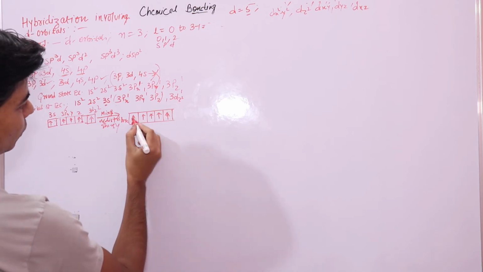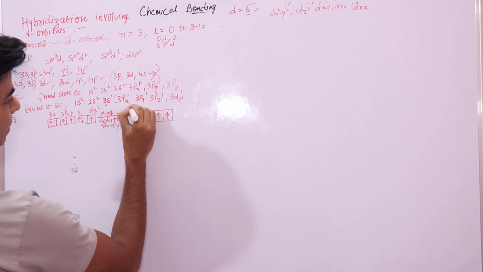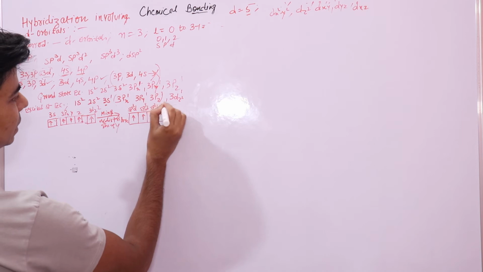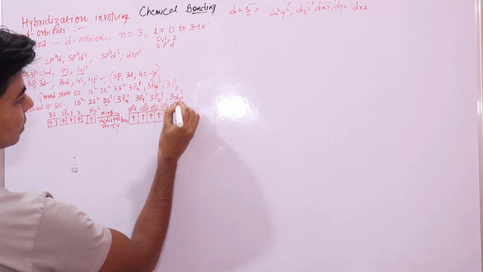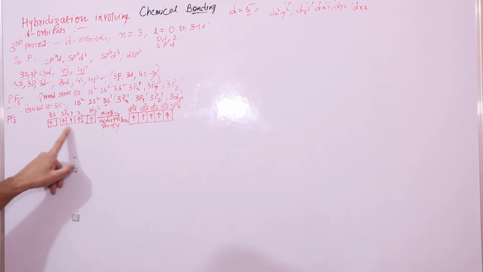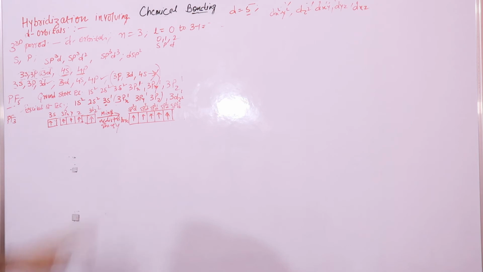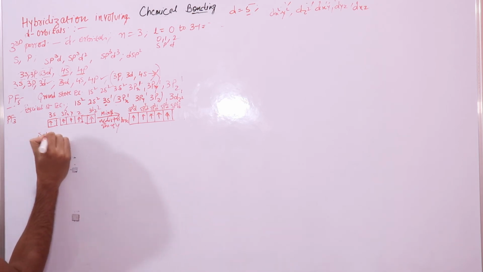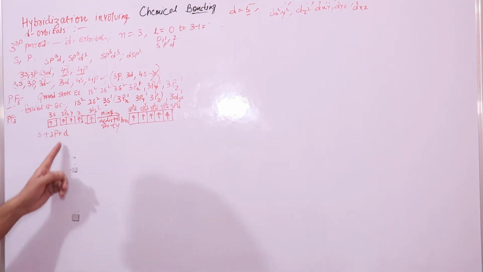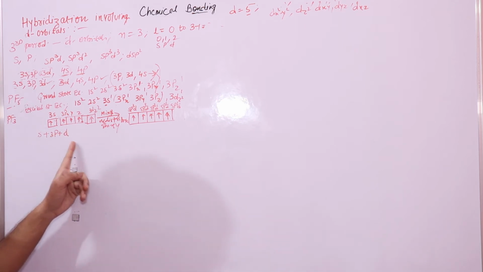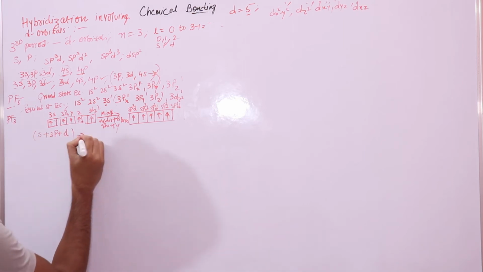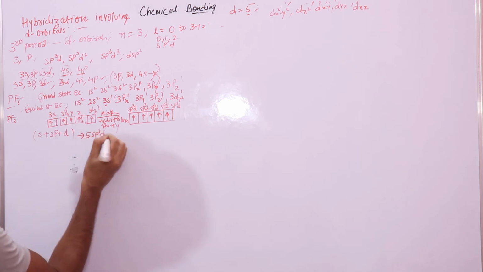This is how: 1 2 3 4 5. So these are sp3d orbitals. These 5 spd orbitals, there is 1s plus 3p and 1d orbital. All these will mix and merge, will hybridize to form a set of 5 sp3d orbitals, right?